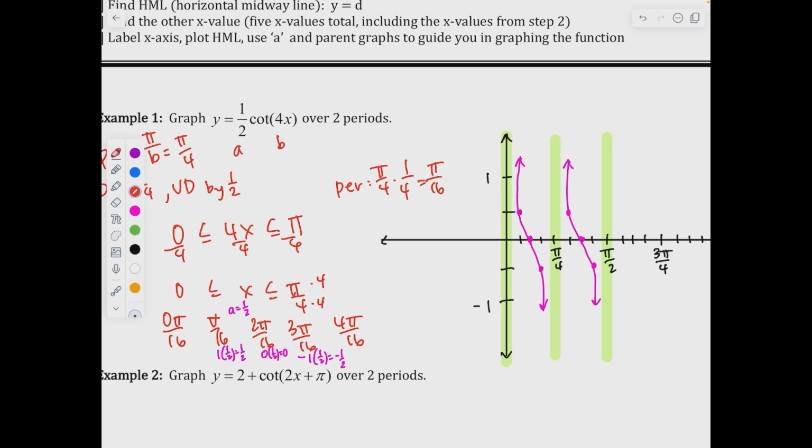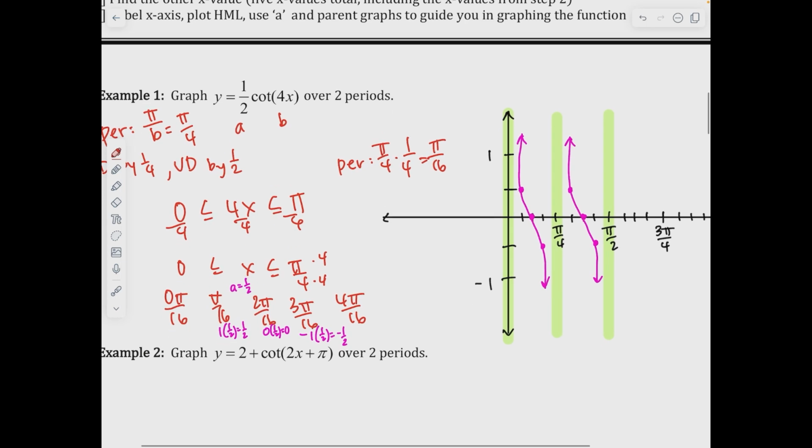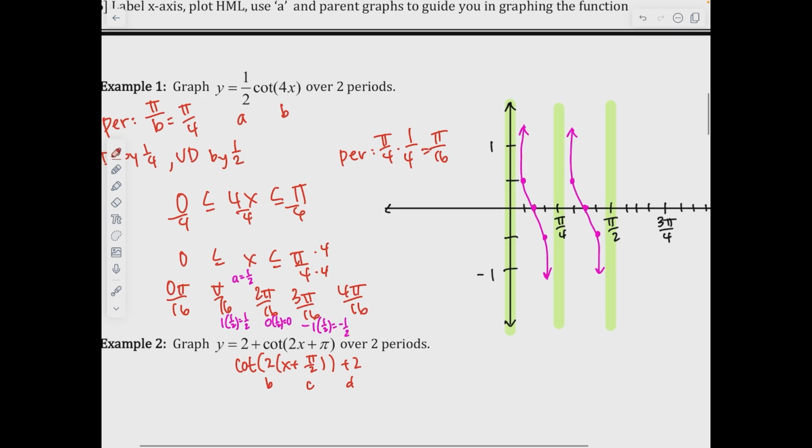Taking a look at example number 2, keep in mind the 2 in the front, that's just a vertical shift. I'm going to factor out the 2. When I factor out a 2, dividing by 2 is the same thing as multiplying by 1/2, and then there's the vertical shift at the end. So b value is 2, c value is pi over 2, and d value is 2 as well.